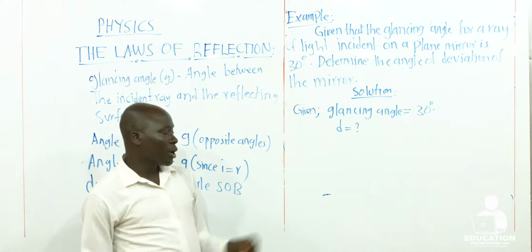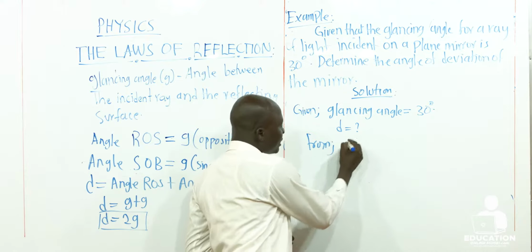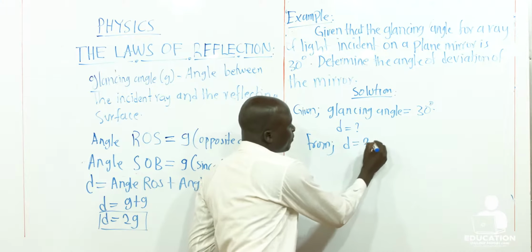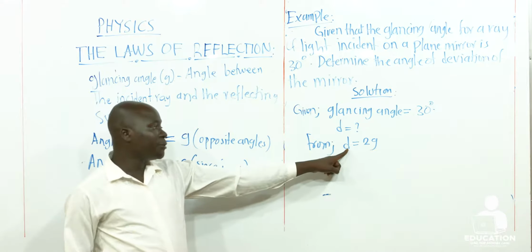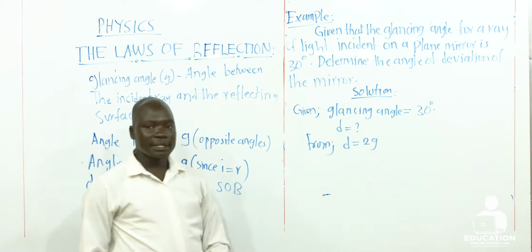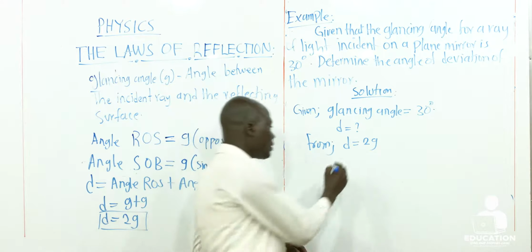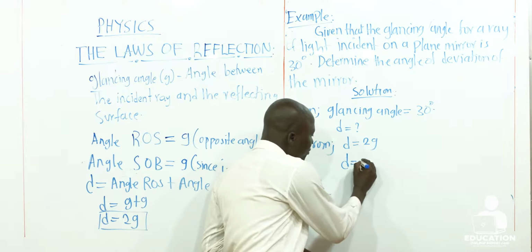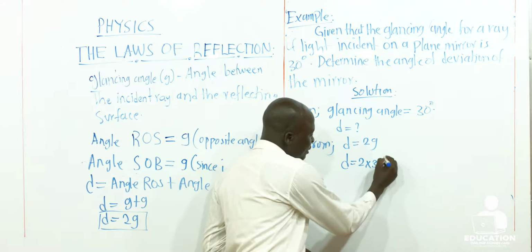So dear learners, we are going to use the formula which says D is equal to 2G, meaning the angle of deviation is going to be twice the glancing angle, and the glancing angle is given to be 30 degrees. You are going to have D equals 2 times the glancing angle, which is 30 degrees.